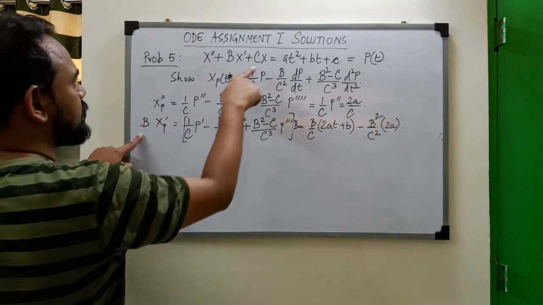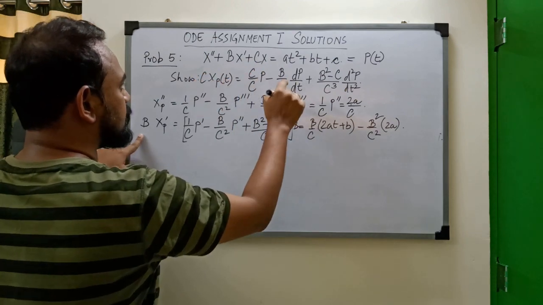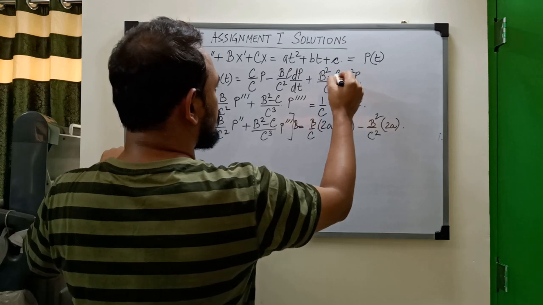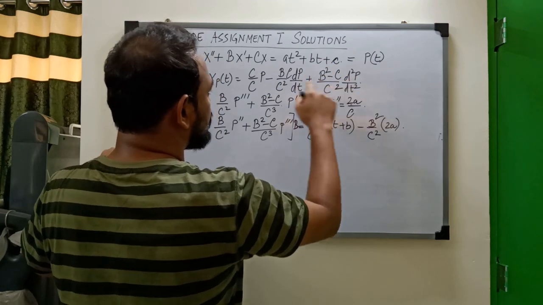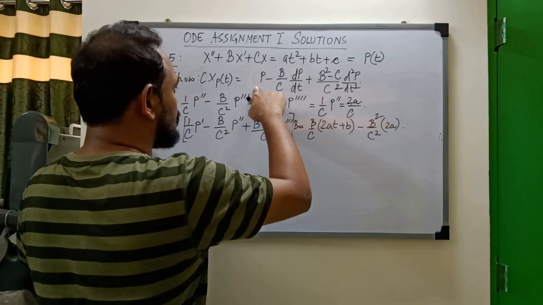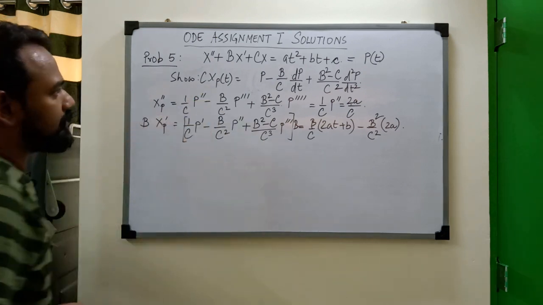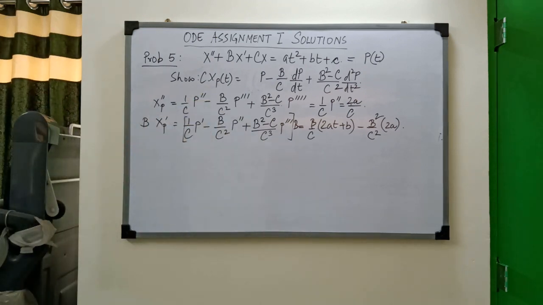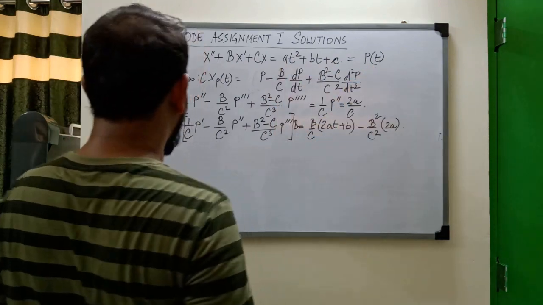And I'm multiplying this one by c, so I'm getting a c here, a c here, a c here, which really gives me c square here. This one gives me a c here, and this one just makes it p. So if I add this one and this one, I should get p. So let's add them.